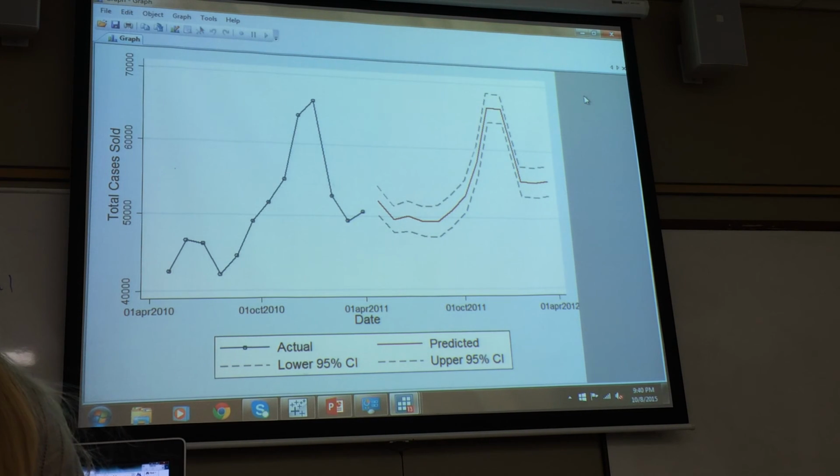For the forecast, it's going to be cases hat, then you can have LCI, and then UCI, and then time, or date.